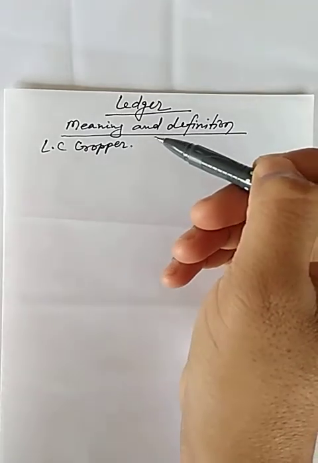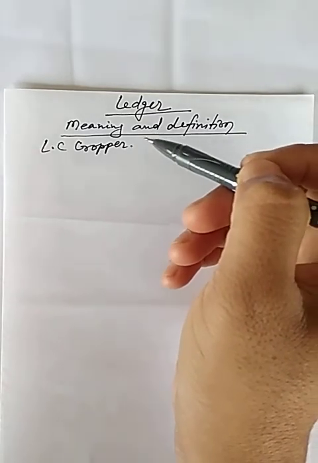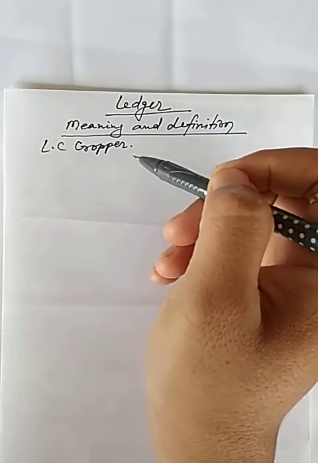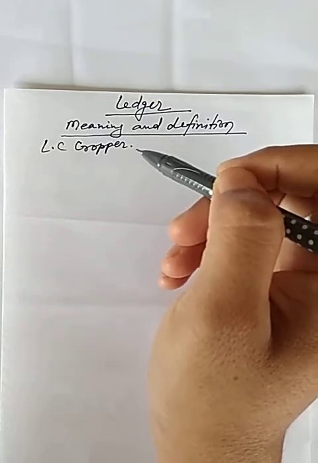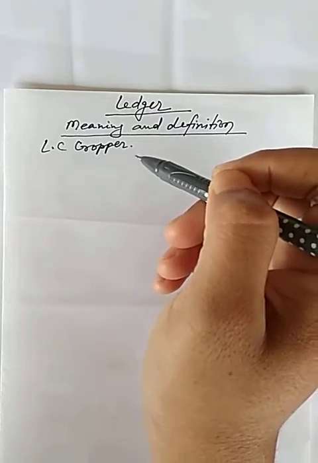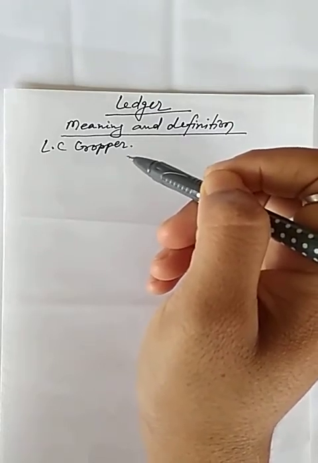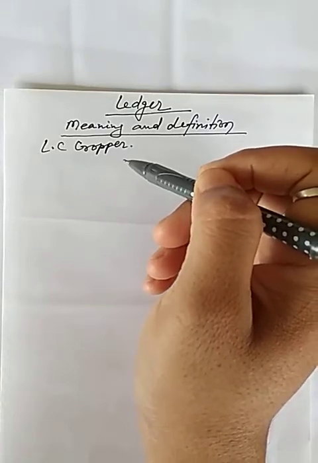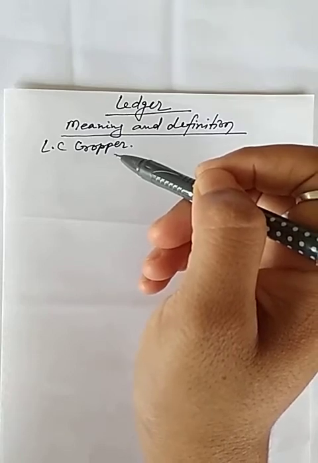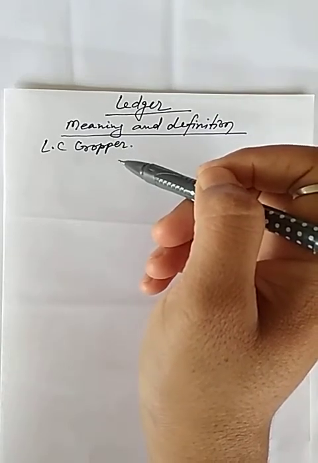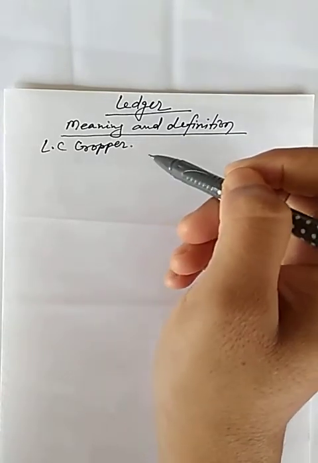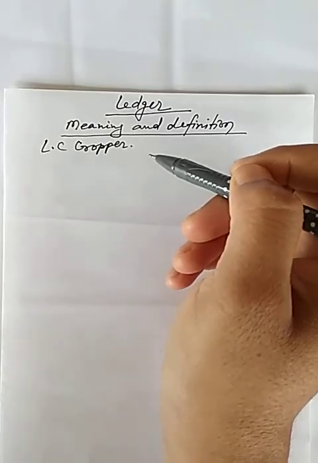A ledger may be kept in the form of a bound register or cards or purchase sheets in a loose leaf binder. Each account in a ledger is opened preferably on a separate page or card.